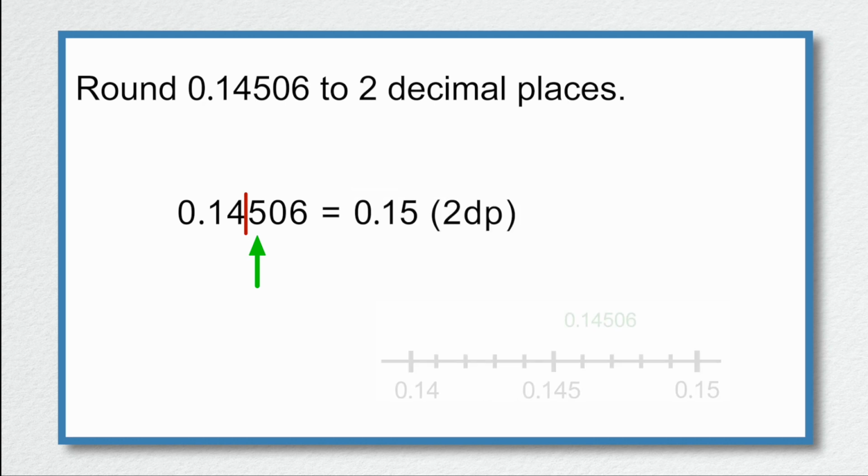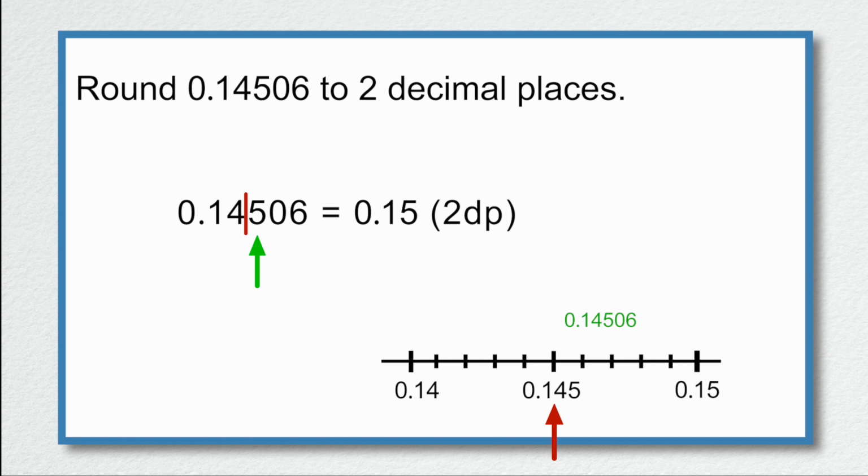Let's look at this on a number line, just to get you thinking about what's going on here. We are concerned about whether we round 0.14506, whether we round that down to 0.14 or round it up to 0.15. Remember, we are rounding to 2 decimal places. The midway point is 0.145.